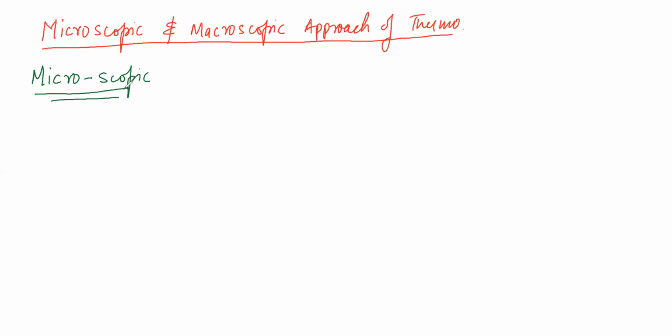I'll explain this with the help of one example, right? In this example, let us see this case. Suppose there is a system, and in this system, there is a small number of molecules of air, right?